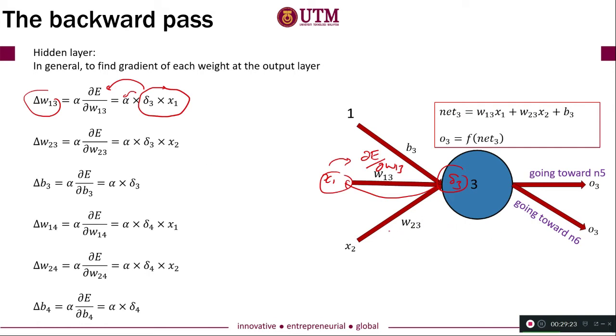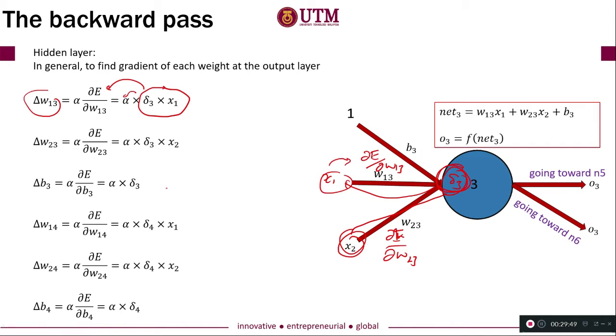To find del E over del W23, you must multiply this one and this one. Multiply this one and this one, you get this one. Same, multiply this one with 1, you get del E over del B3, which is this one.